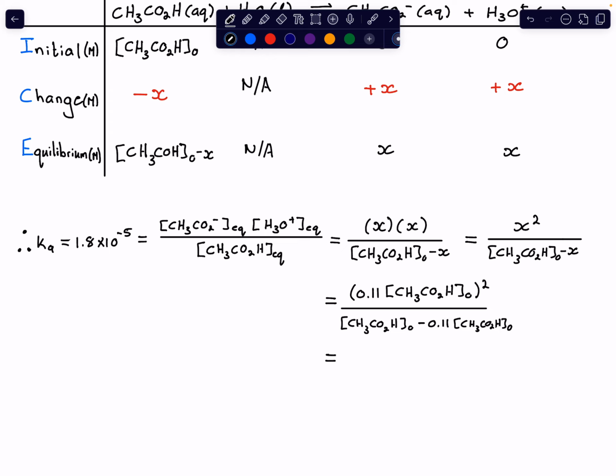The top one is just a number squared, so that's 0.0121, times this concentration squared. And the bottom part is two terms minus each other, but it's the same variable. So it's 1 times the concentration minus 0.11 times the concentration, which is technically 0.89 times the concentration.